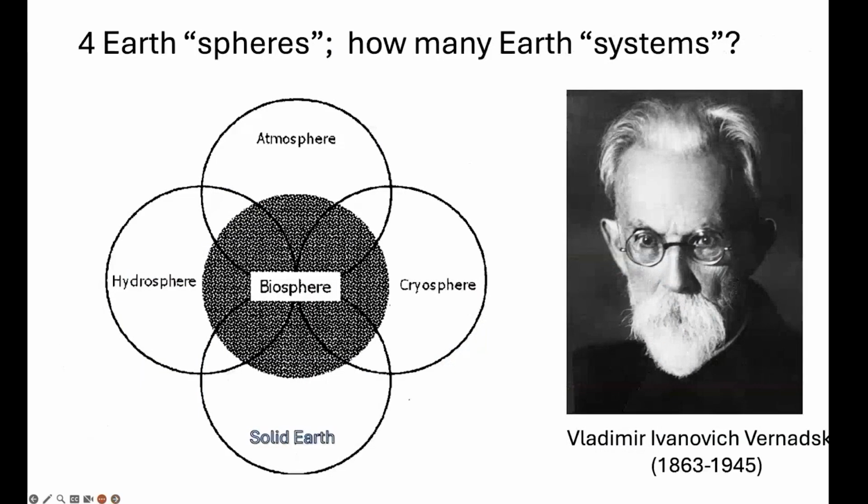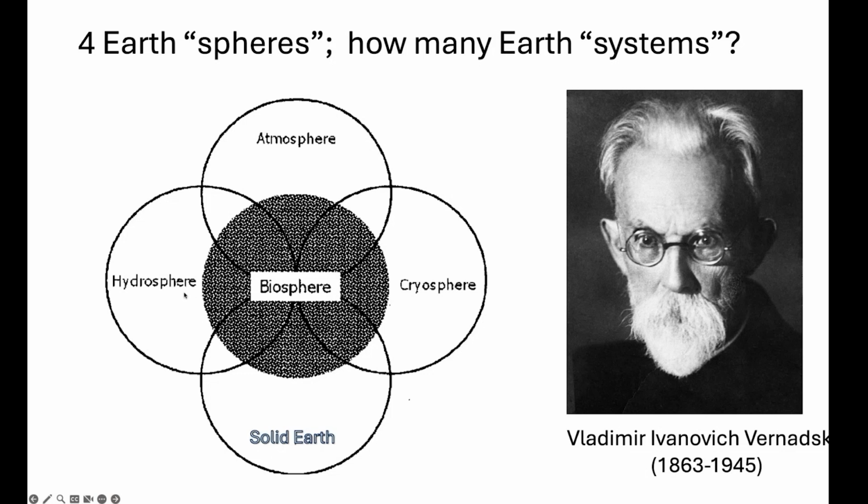All right. Now, a fellow by the name of Vladimir Vernadsky realized that Earth was really kind of an interesting system because it was an interaction between what he called four spheres. Or actually, that looks like there's five of them, doesn't it? There's the solid Earth, and we'll talk a little bit about that.